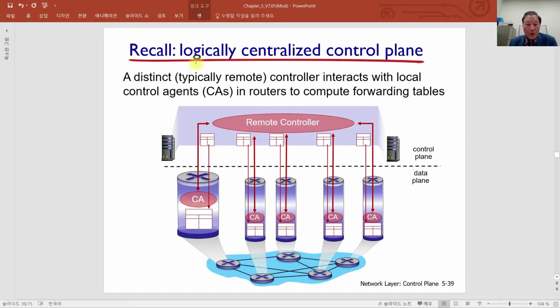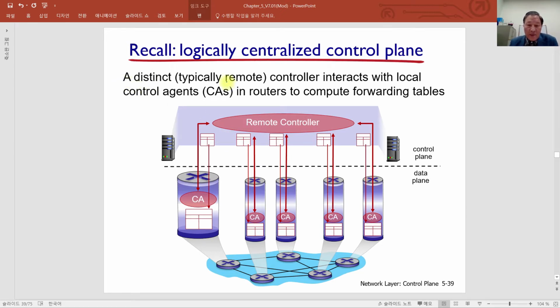This was also introduced, so please recall: the logically centralized control plane. Logically centralized means it may be composed of a single computer server or several servers. It doesn't matter. Anyhow, it is centralized logically. Let's read this first.